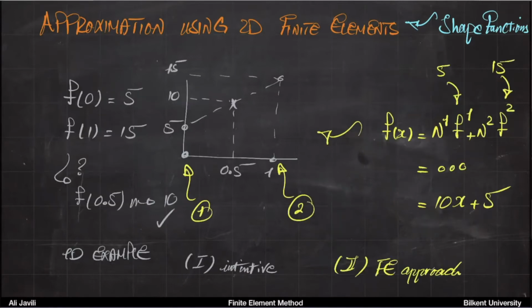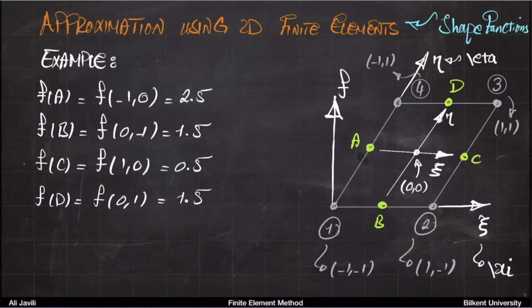Again, remember, if it was a 1-dimensional problem, you would need the values at 2 points of a line to make a line. Now you have the values at 4 corners of a surface, or of a square surface. So what you want to do is to calculate 2 things.